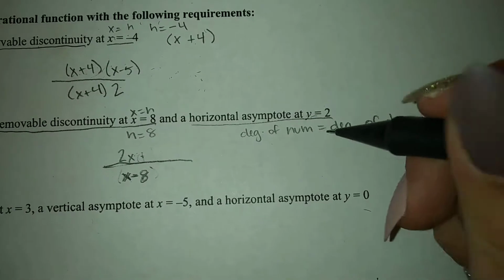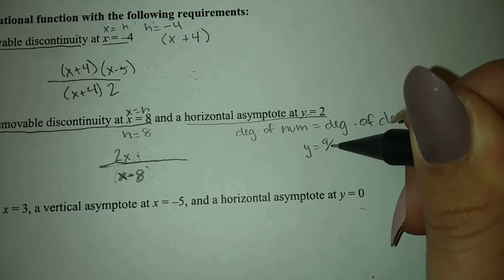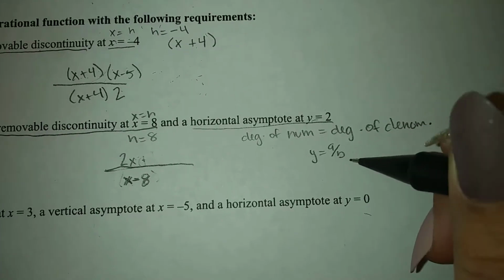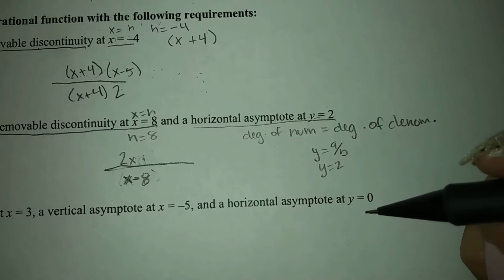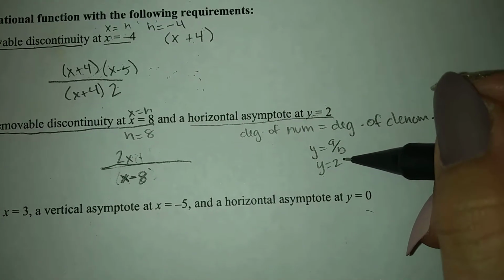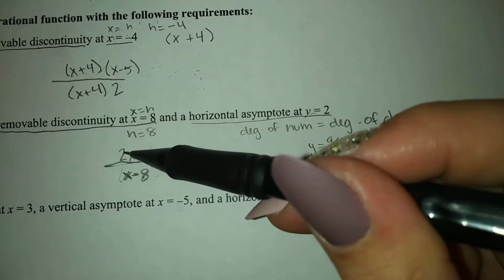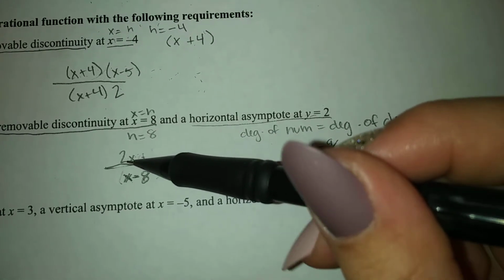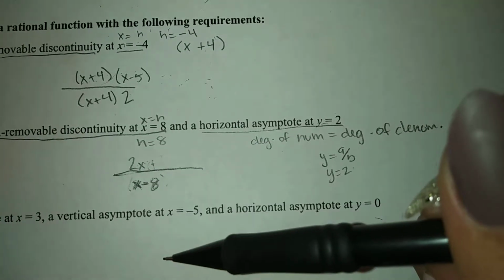And y equals a over b should be y equals 2. So the only thing I could think of was 2 over 1. It's the easiest. This leading coefficient would be 2 over this leading coefficient that is 1.